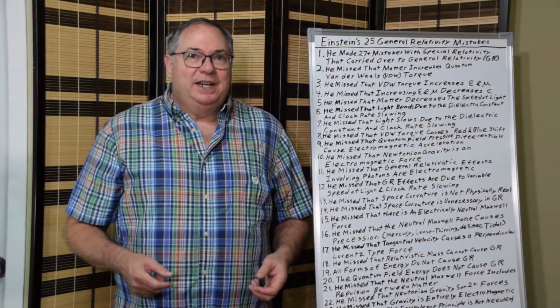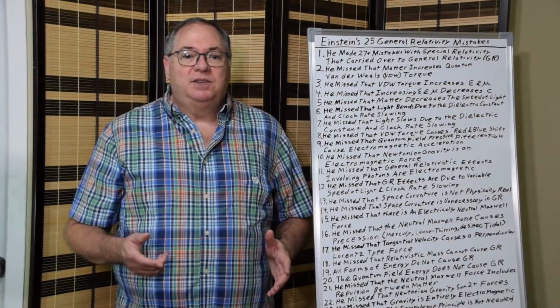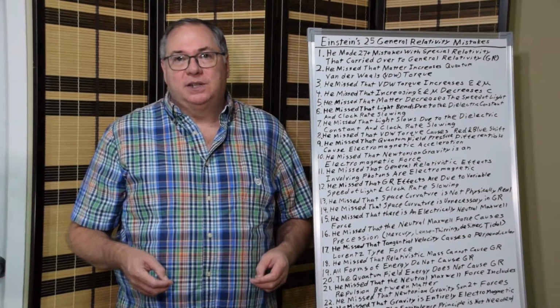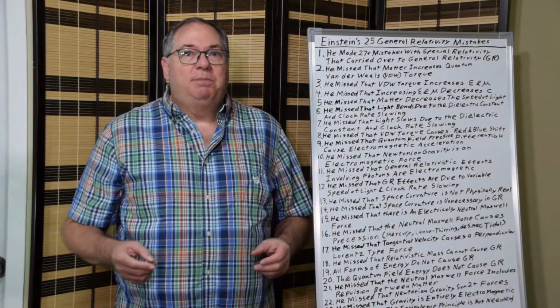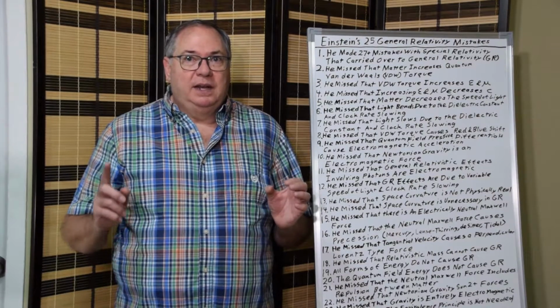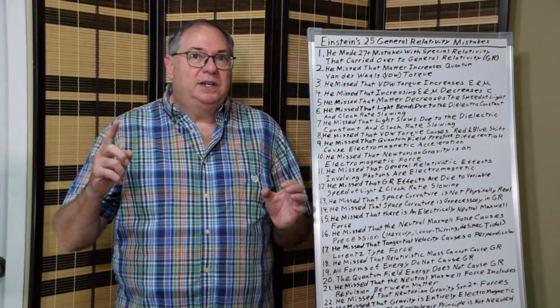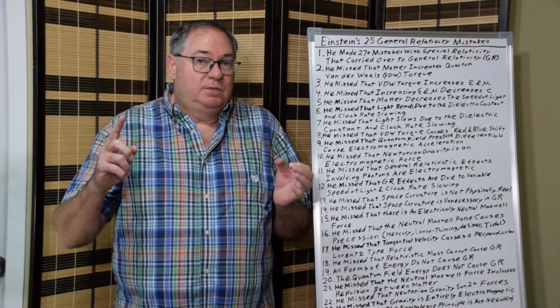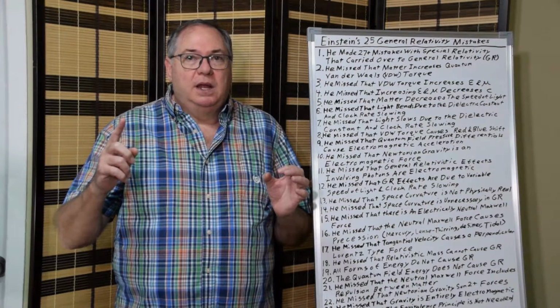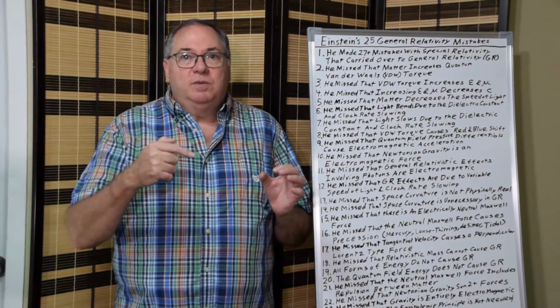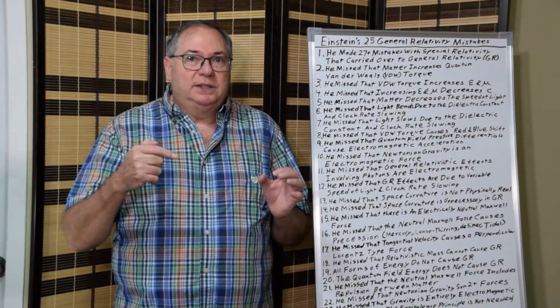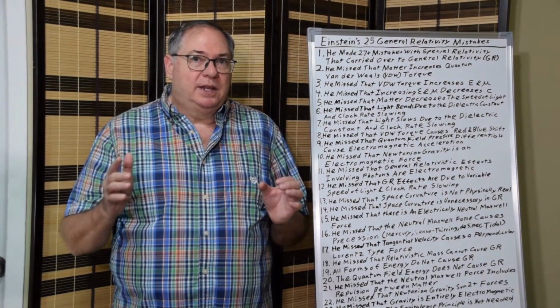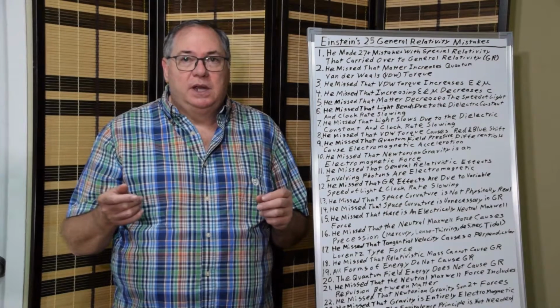And number 17, he also missed that tangential velocity causes perpendicular acceleration. That as a body is moving in an orbit tangentially to the sun, for example, there's an inward force, an inward acceleration. And this is like a Lorentz force.